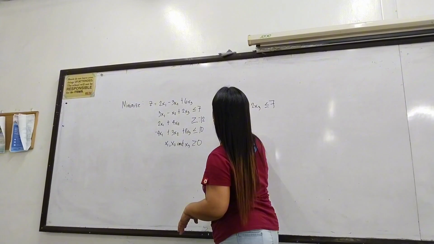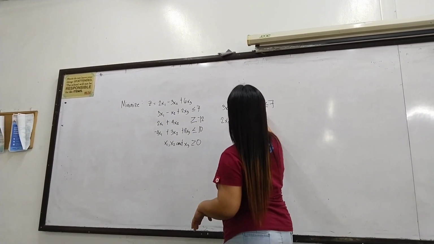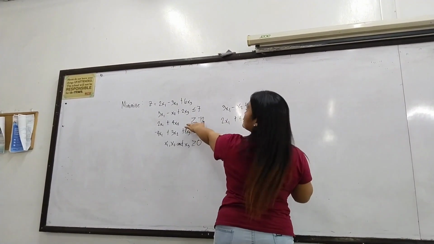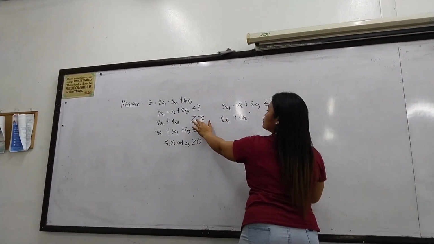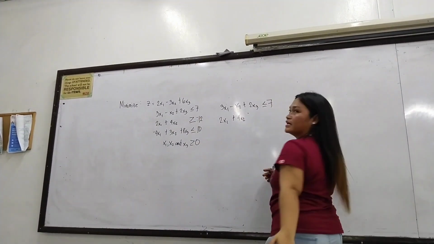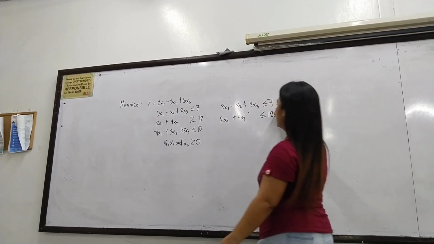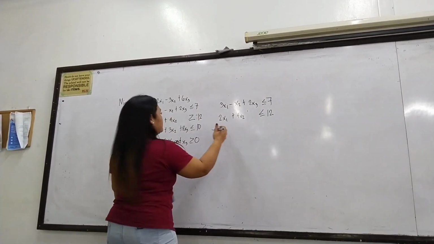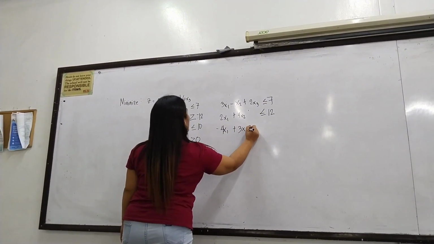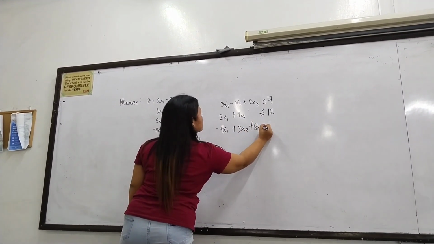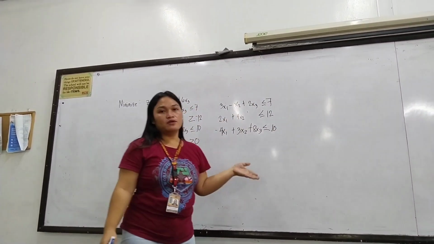Then 2x1 plus 4x2, this symbol is converted into less than or equal to because the negative here becomes positive, so it becomes the same sign, this 12. Then negative 4x1 plus 3x2 plus 8x3. So they are now in the same symbol. Now we can solve it.